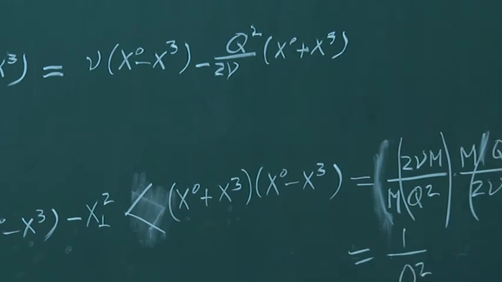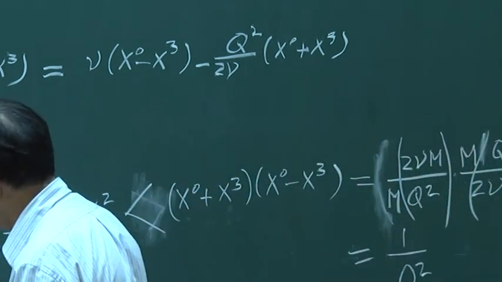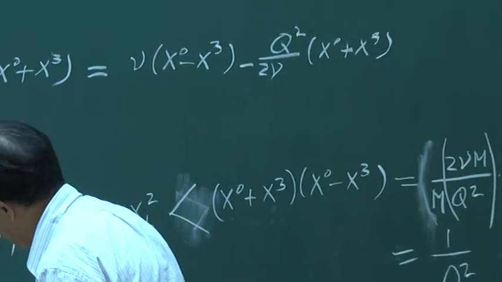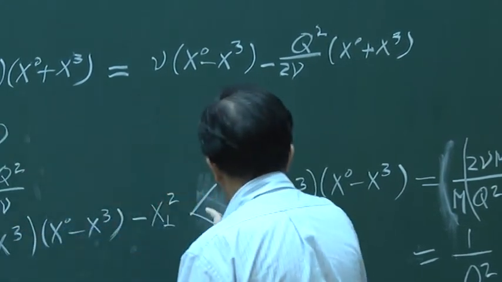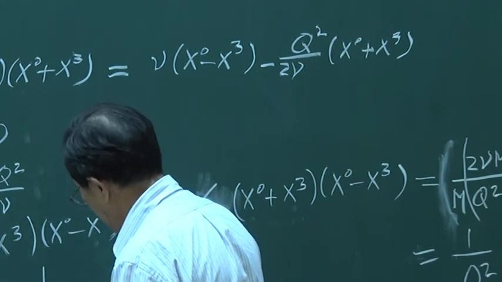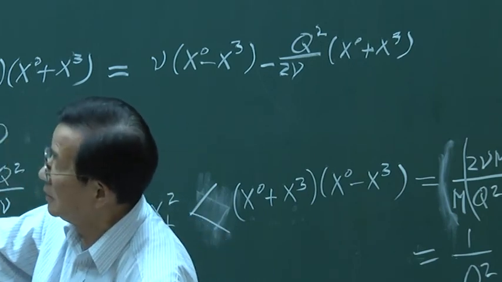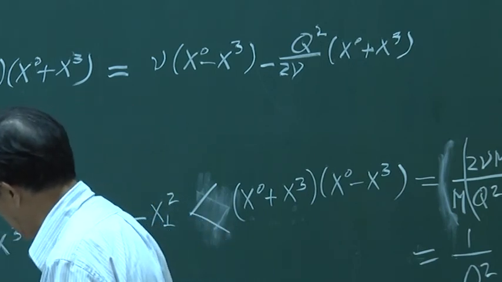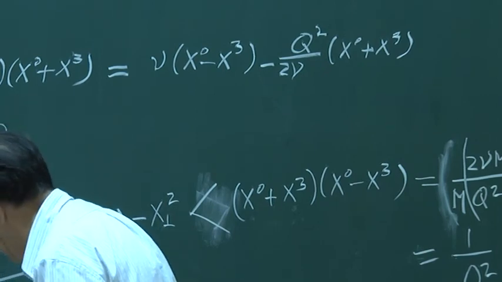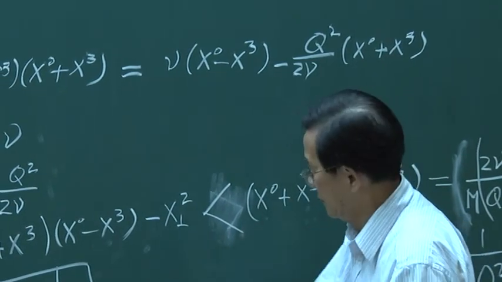Did you follow my algebra? Okay, good. So this means that x squared is less than 1 over Q squared, and then as I explained to you, the commutator doesn't vanish only in the light cone, so this is bigger than 0. So x squared is very close to the light cone, right?